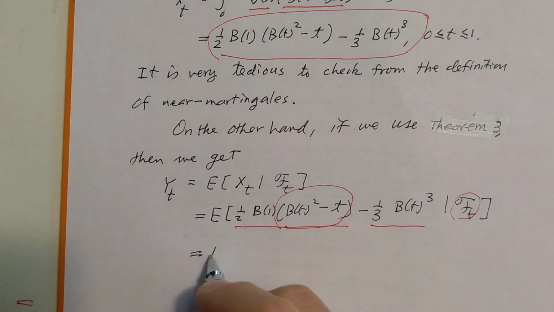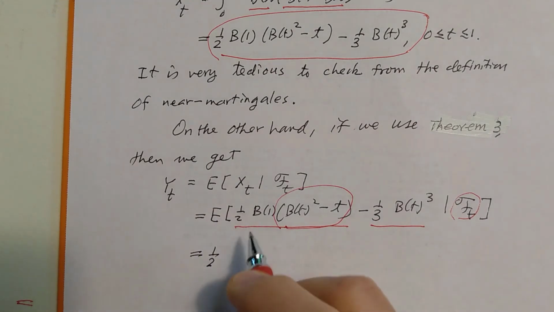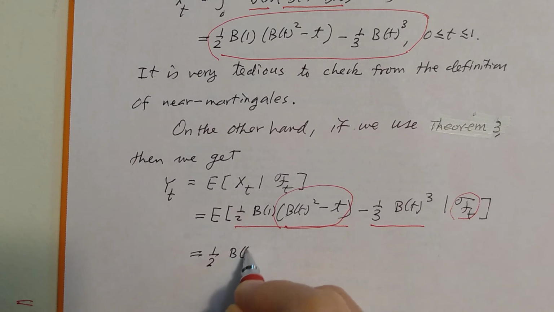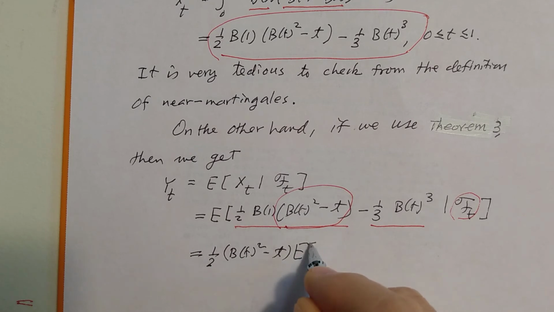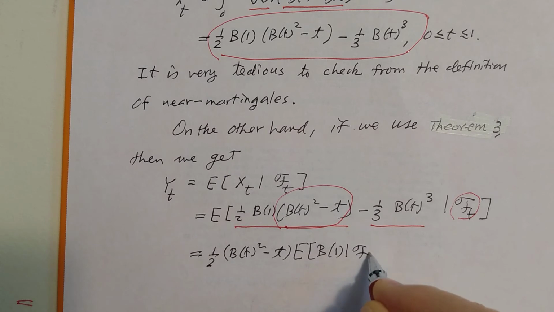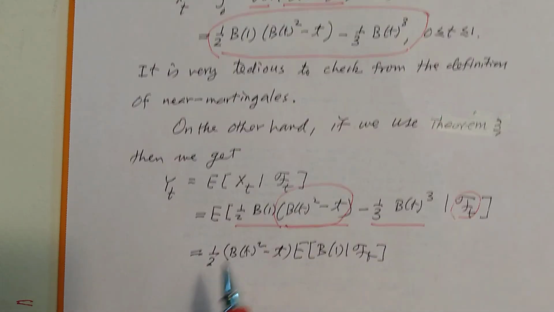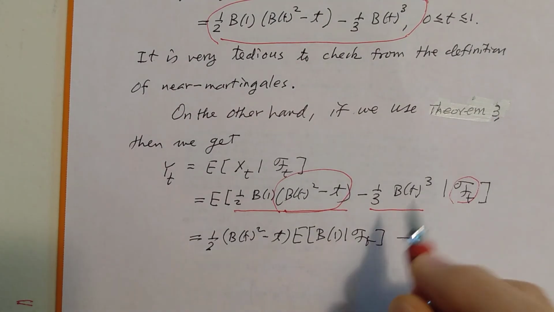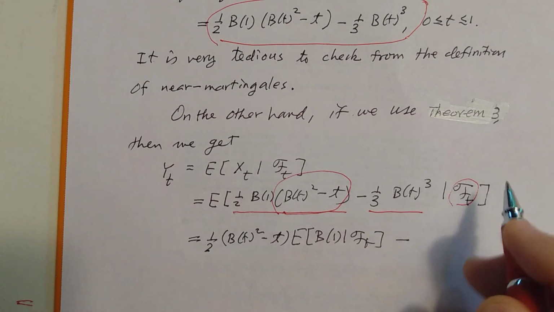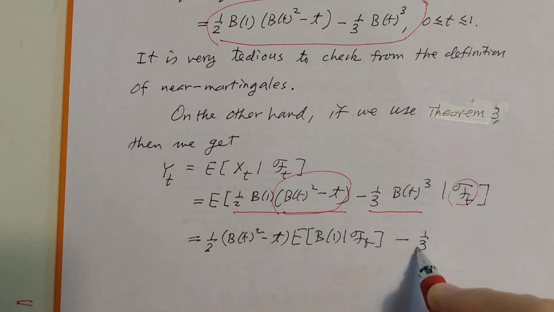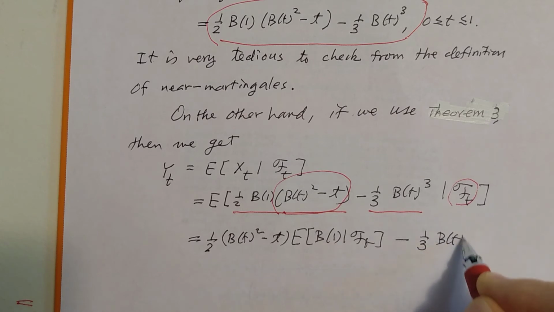Then we can bring the 1/2 out, and then B_t squared minus t, and then the conditional expectation of B_1 given F sub t. And then minus, the second term is measurable with respect to F sub t, so it's the same thing, 1/3 B_t cubed.